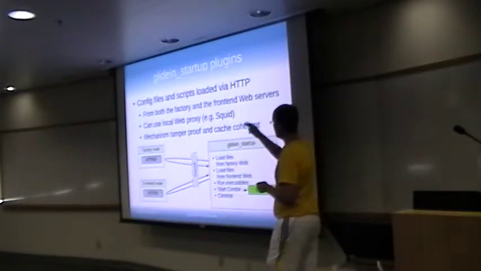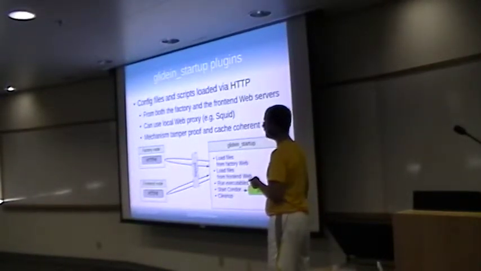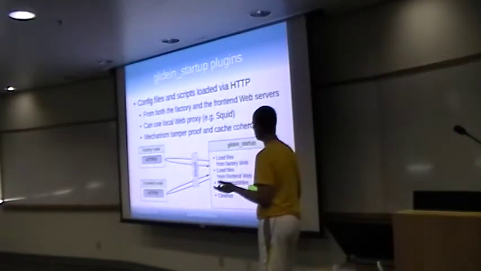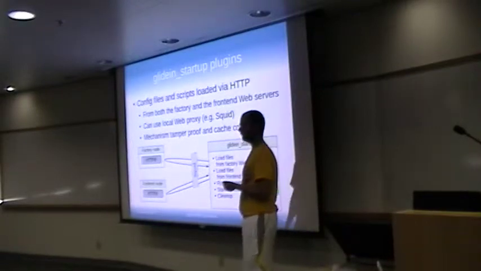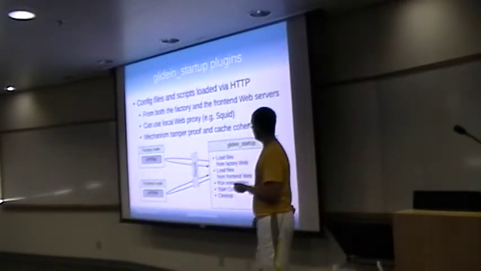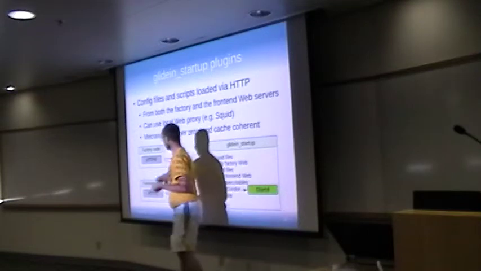The files and configuration scripts are downloaded via HTTP, which has a nice property that it can be cached if there's a local squid available. And it gets files from both the factory and the front end node.